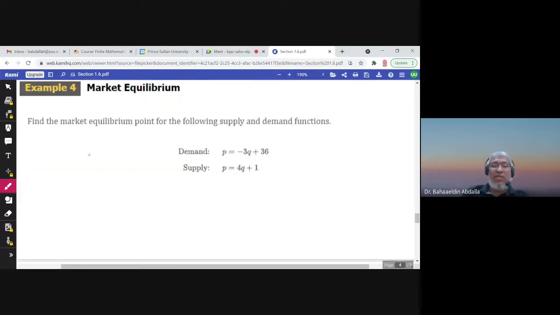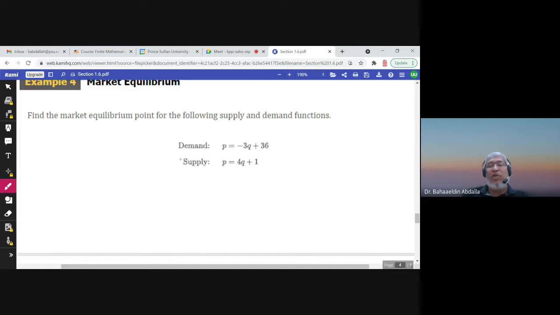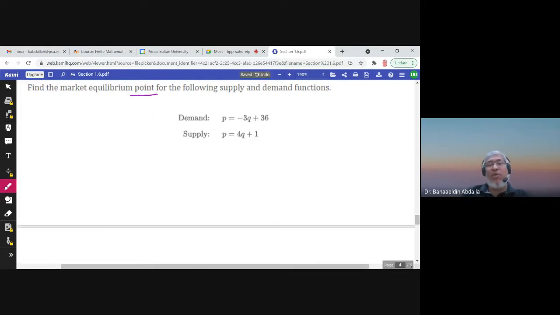Now, this is an example. Find the market equilibrium point. To find the market equilibrium point, it is the point in which demand equals supply. So demand is given by this equation, supply is given by this equation, so the two equations should be equal.